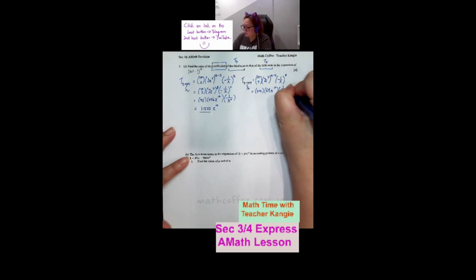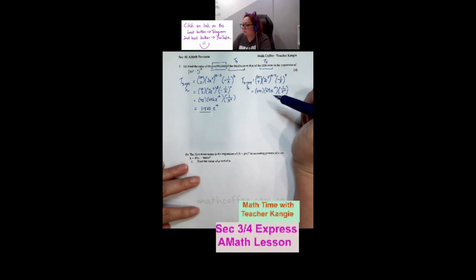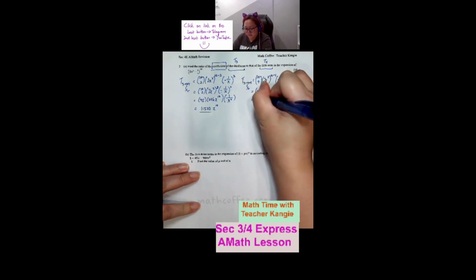This one will be 2 to the power of 6, so I get 64. This one is 6 times 2, so it's x to the power of 12. And negative to the power of an even number is still positive, so this one is 1 over x to the power of 4. When you simplify, you get 13440 x to the power of 8.